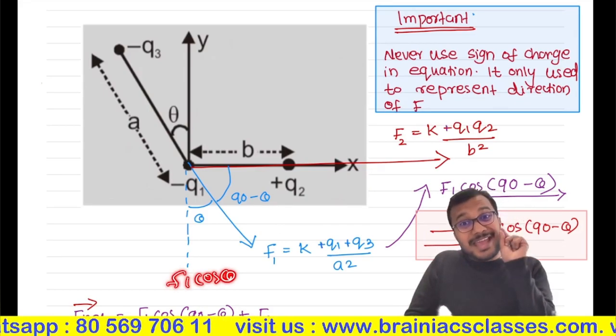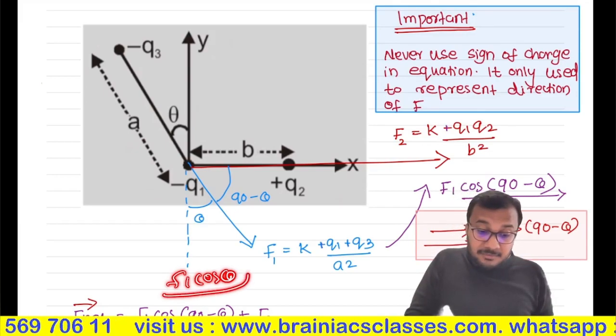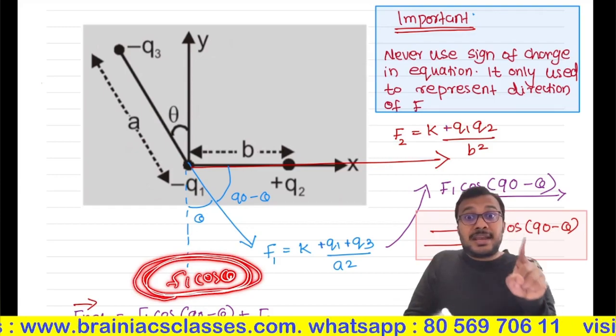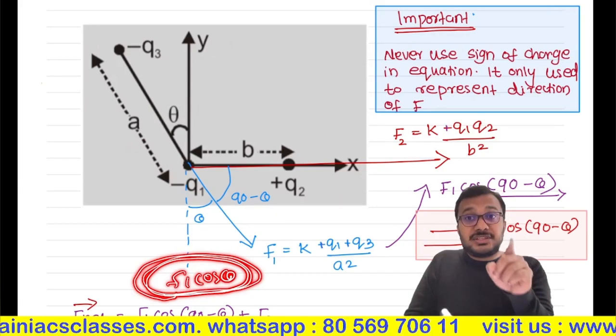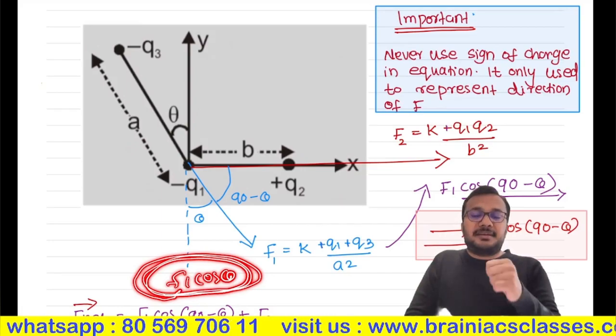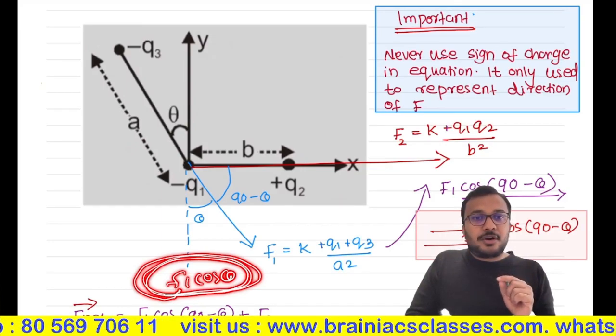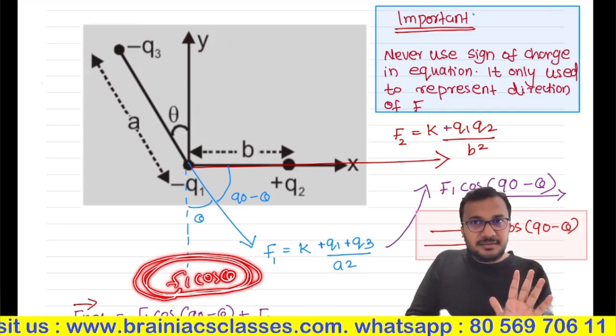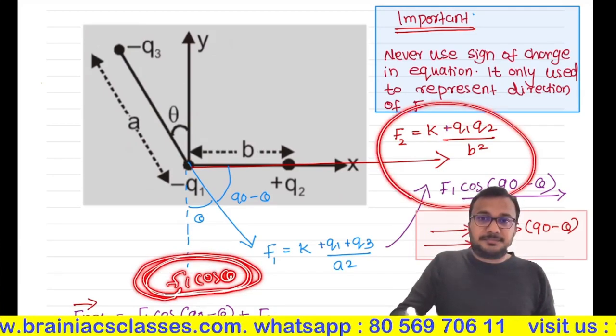The question is asking only for the X component. Here we also have a Y component. What is the Y component? F1 cos theta. You can expect maybe next year a question exactly like this, but they will ask for the Y component. If they ask for the Y component, you have to take only F1 cos theta. This headache is not there.